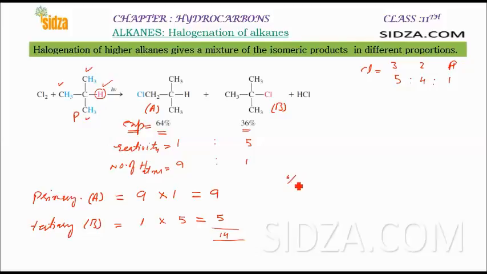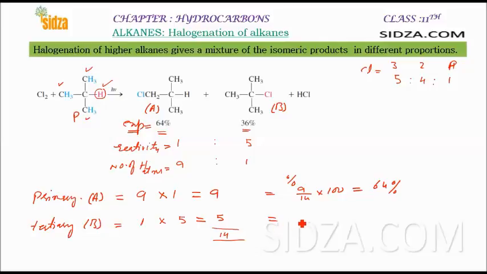So the percentage of A will be 9 upon 14 multiplied by 100. That comes to 64%.